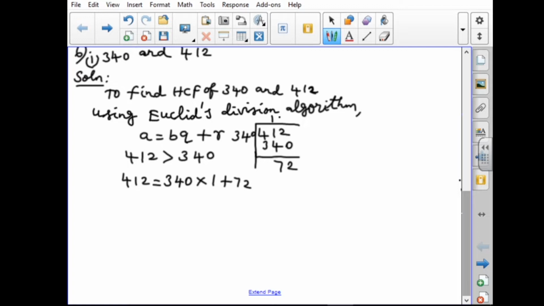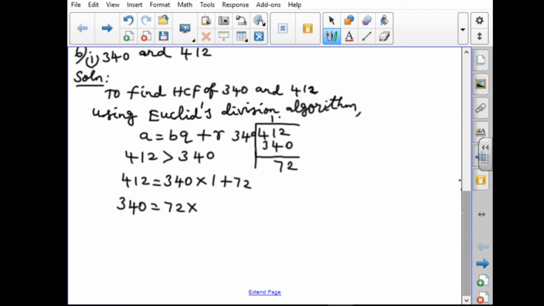So now we have the first step, with dividend, divisor, quotient and remainder. Already we saw the step by step algorithm: the divisor now comes to the dividend. So 340 you write here, 340 equals, the remainder comes here as the divisor, so 72 into, this is the dividend, this is the divisor.